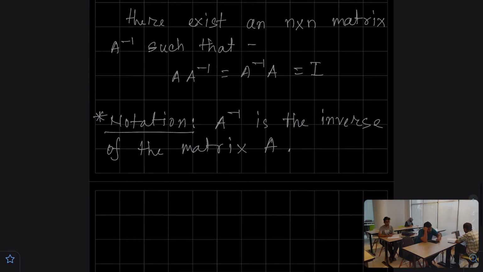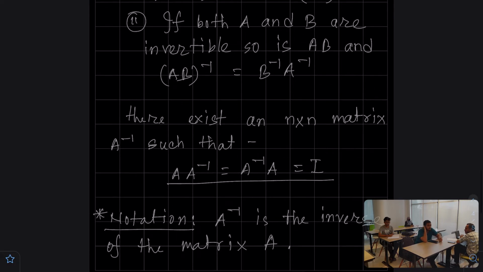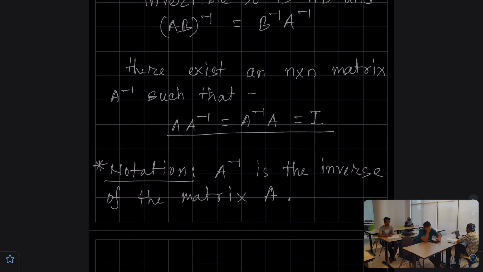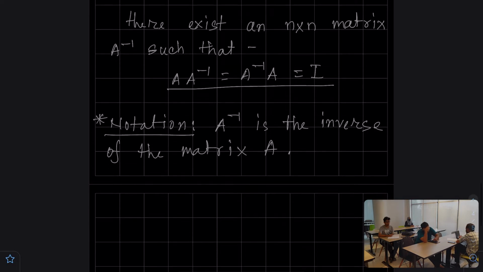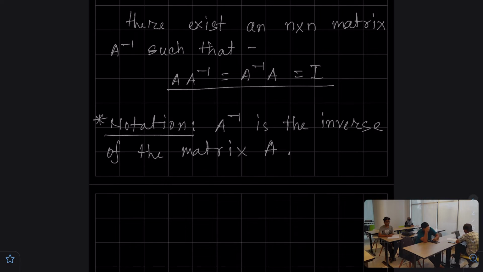Since A is an invertible matrix, there exists an inverse A inverse, and A A inverse is equal to A inverse A is equal to I. Now consider that A inverse is your matrix and you are multiplying it from the left by A, then from the right by A, and you are getting I, right?